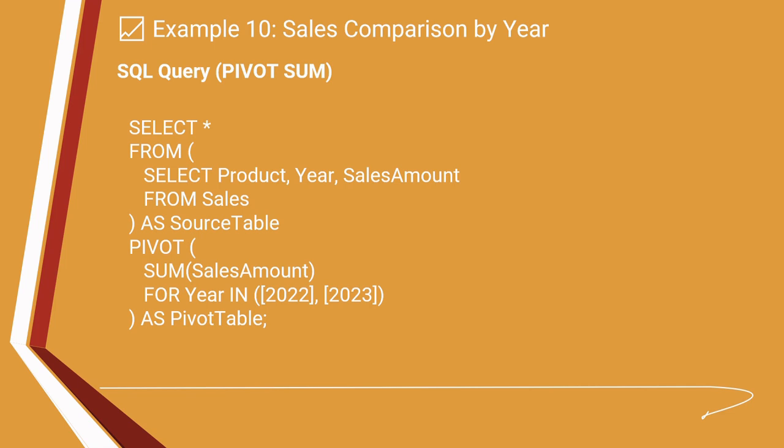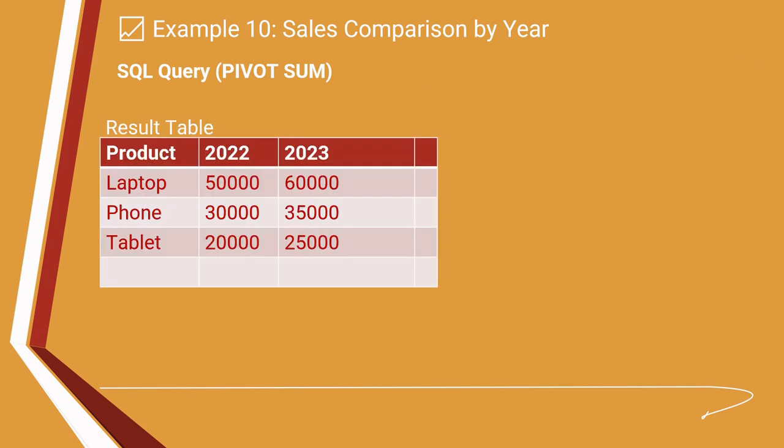Now, we can directly compare sales of each product from 2022 to 2023. For instance, laptop sales increased from 50k to 60k. This structure is perfect for trend analysis, business reviews, or management reports.